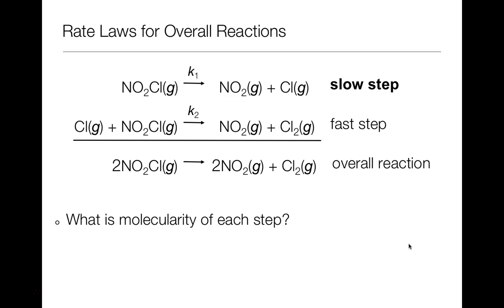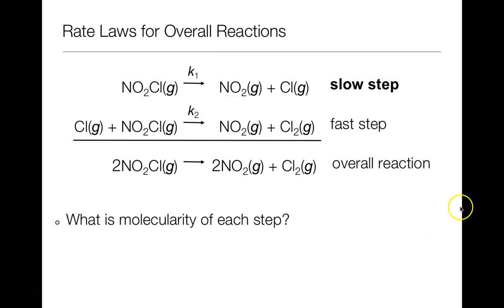And then the next step, where that Cl reacts with another molecule of NO2Cl, has a new rate constant of K2, so it happens in a whole new elementary reaction to form NO2 and Cl2.